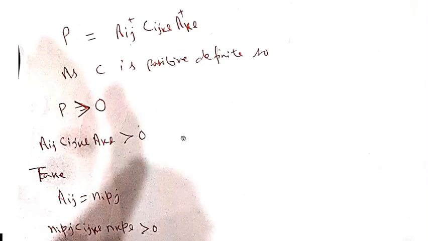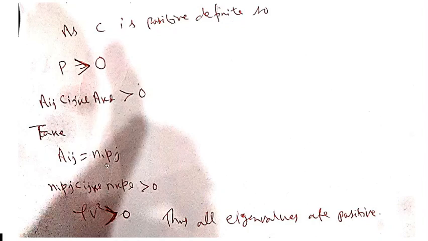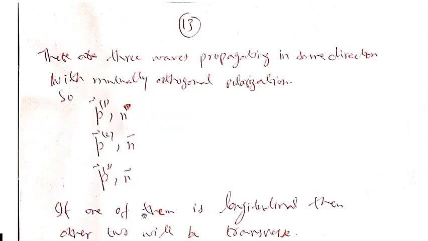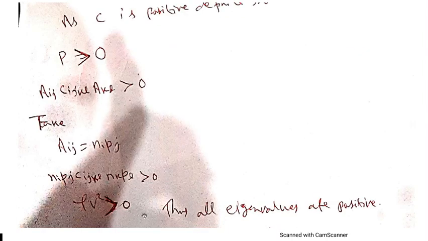This thing is positive, so if we take n_i p_j and this would be n_k p_l, this would be greater than 0 and this is equal to rho v squared. So here we have seen that all eigenvalues are positive.